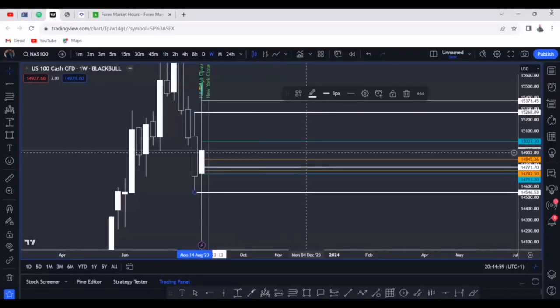And you can easily see, right, how interesting it is that by trading the previous week's high and going to the upside, you could essentially create a buy.